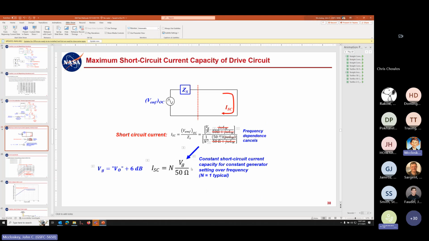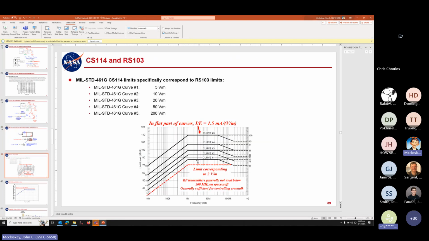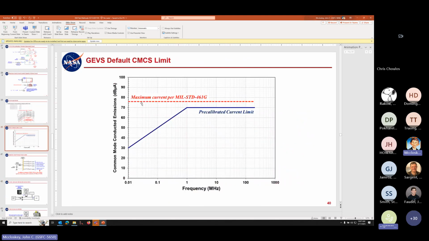Using this approach, the characteristic of the insertion loss of the injection probe basically gives you this profile here. It gives you this injected potential into a 100 ohm load that will look like this. Okay. And then the maximum current per mil standard 461G into a short circuit is going to be 6 dB higher than the plateau level all the way across the frequency range.